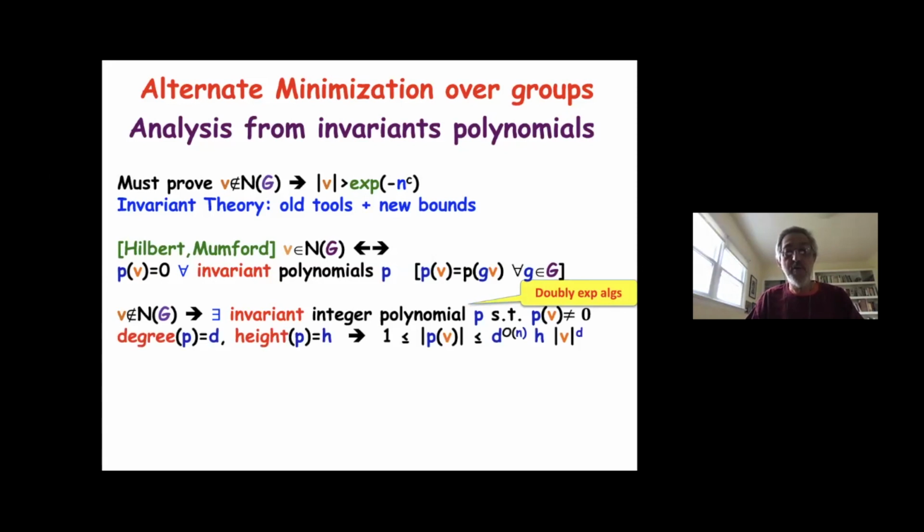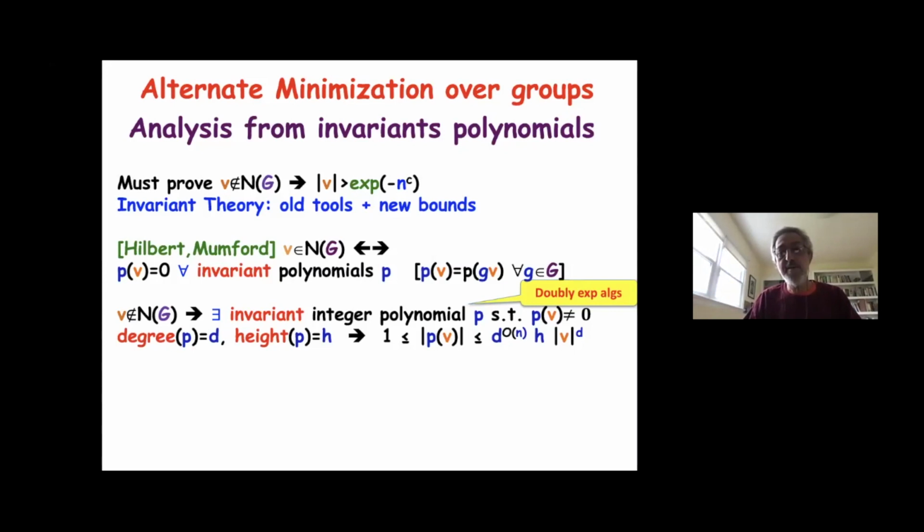So there's an integer polynomial. What do we know about it? Suppose the degree is some d and the height, the coefficient size, is some h. Well, we know that it's an integer polynomial, so when we evaluate it on v, it's at least 1 because of integrality. On the other hand, how many coefficients does such a polynomial have? n is here the dimension of the group.